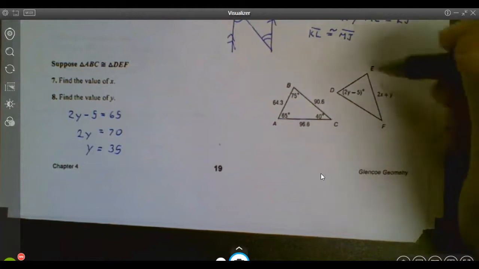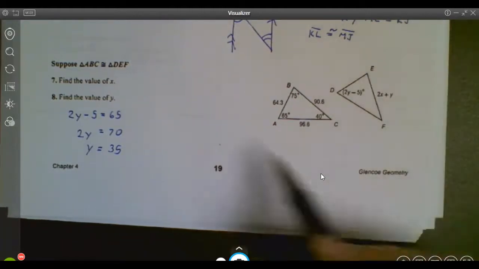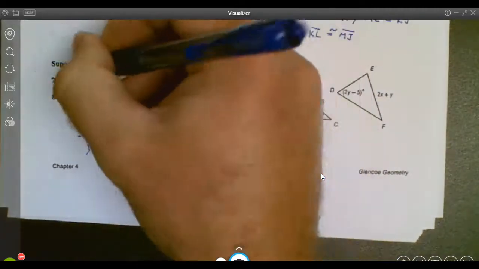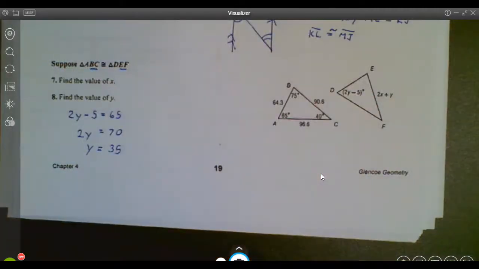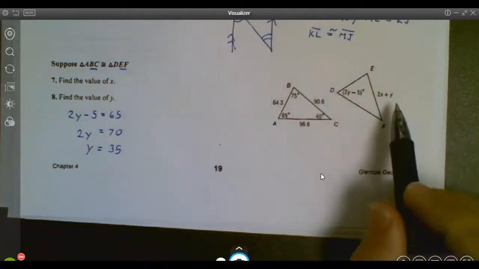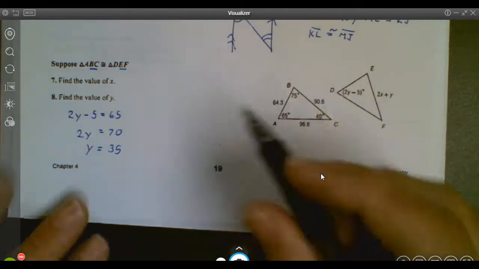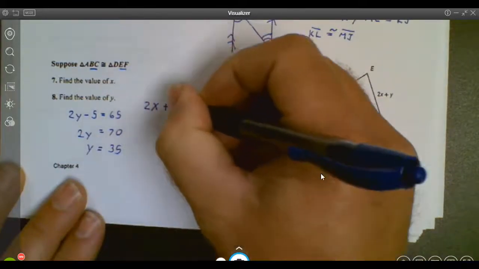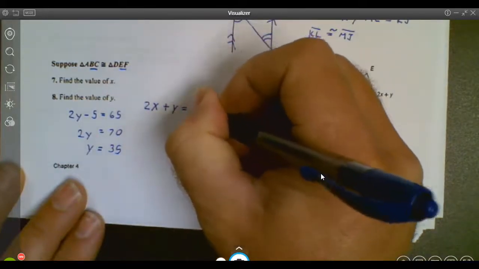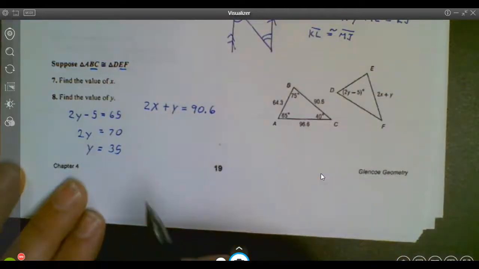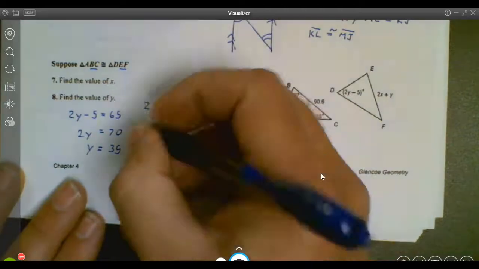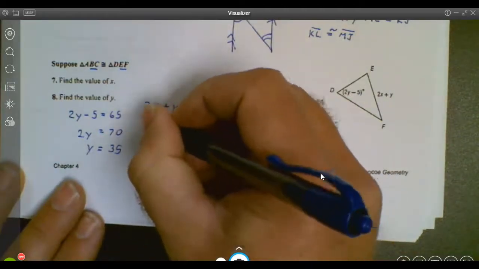Right? So I have this guy over here, EF, what does that go with? Well, let's look at this. EF must go with BC. So here's BC. So I know that 2x plus y equals 90.6. Keep in mind, we now know that y is 35. We figured that out already, so let's substitute that value in.